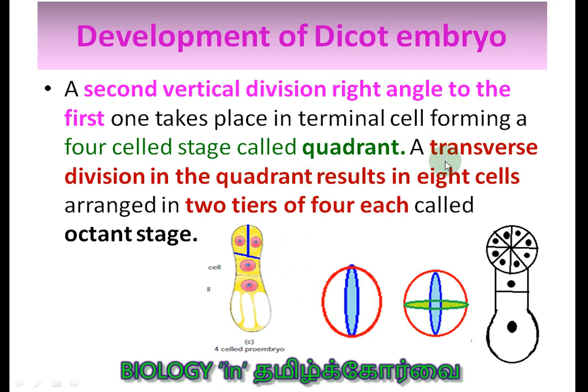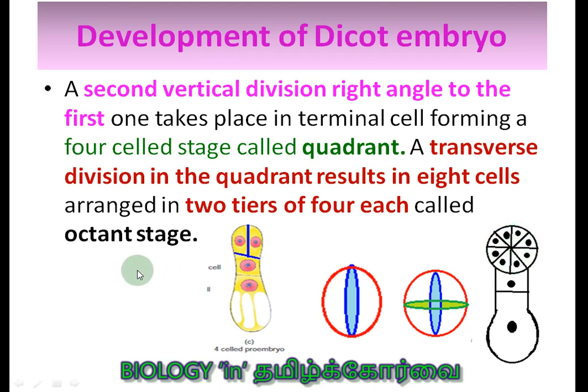Again, a transverse division in the quadrant. Now you see this is the transverse division, which is again at right angle to the first two divisions. It results in 8 cells arranged in an upper tier and a lower tier. I drew the diagram like this: the upper tier of 4 cells and the lower tier of 4 cells.